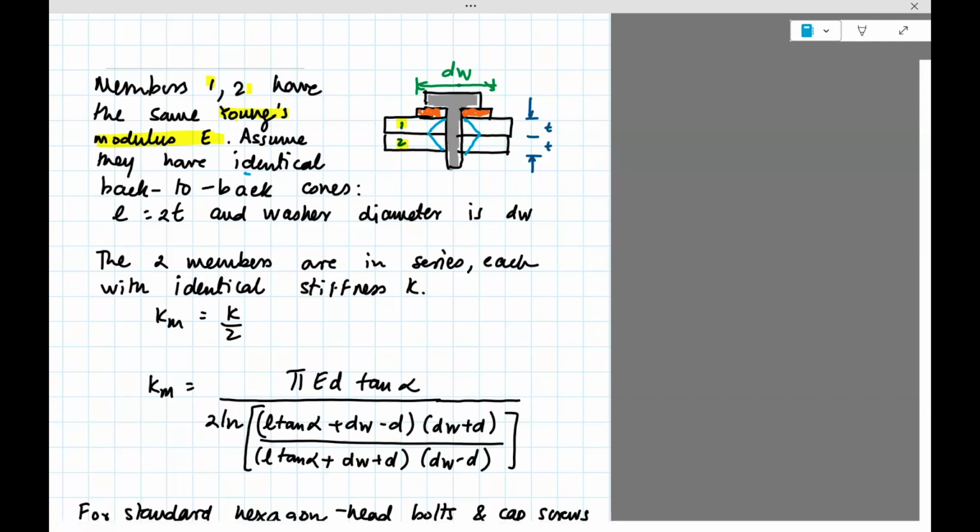So that cone is identical back-to-back and of length 2t. The washer diameter is dw. So if you have 1 and 2 of the same material, they have the same stiffness, they have the same cone, they're very symmetric, you can just say that the net K is K times K divided by K plus K, which comes out to be K divided by 2. So the net stiffness is going to be half of the stiffness of any one of them.